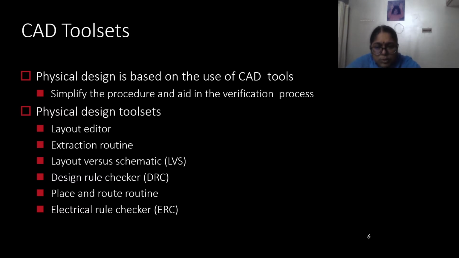Physical design tool sets are listed here: layout editor, extraction routine, layout versus schematic, that is LVS, design rule checker or DRC, place and route routine, and electrical rule checker, that is ERC. What does the layout editor do? On the layout editor, you can draw the layout of the circuit.